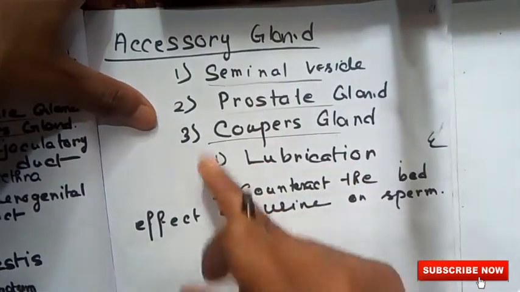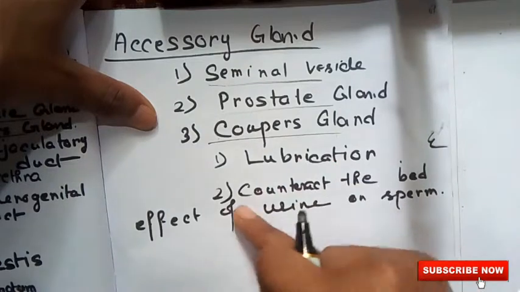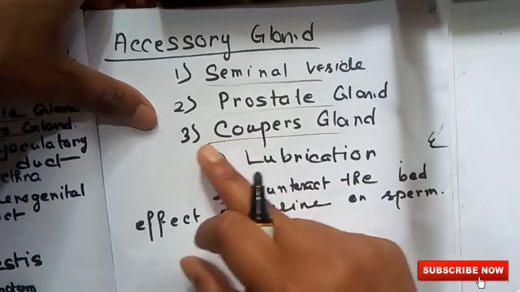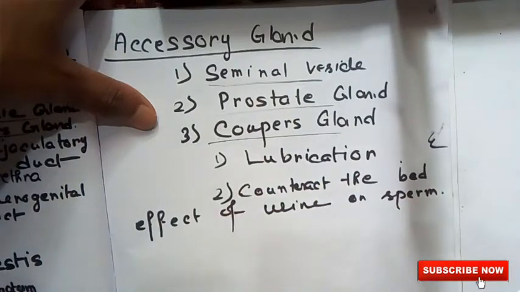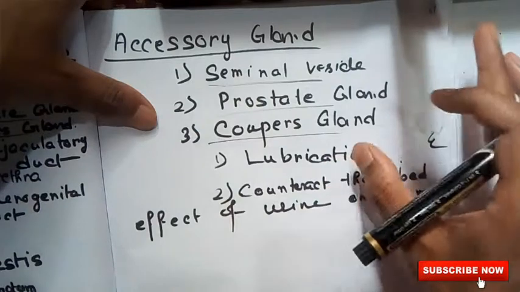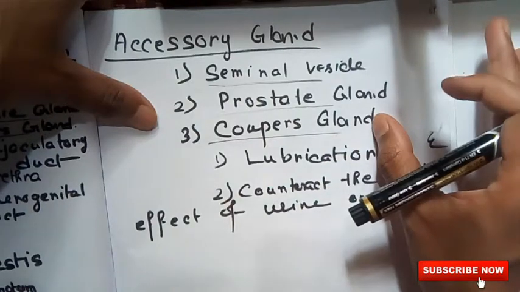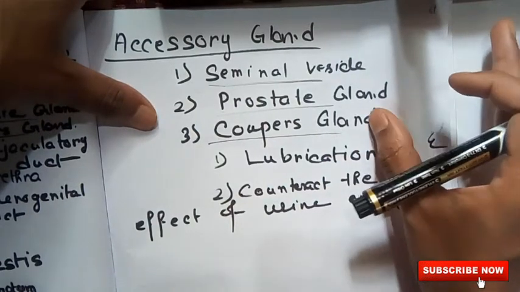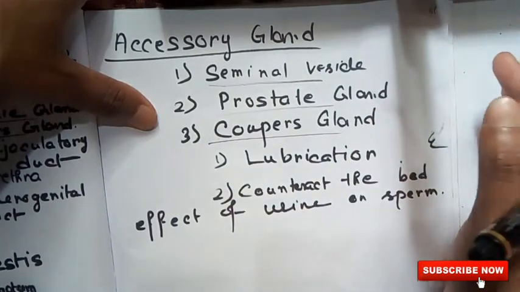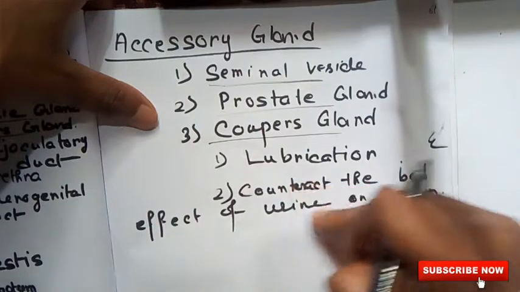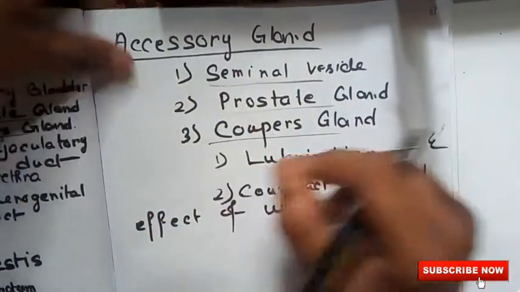And the second function of the Cowper's glands is that its liquid counteracts the bad effect of the urine on sperm, because it's alkaline, so it acts on the acidity of the urine.